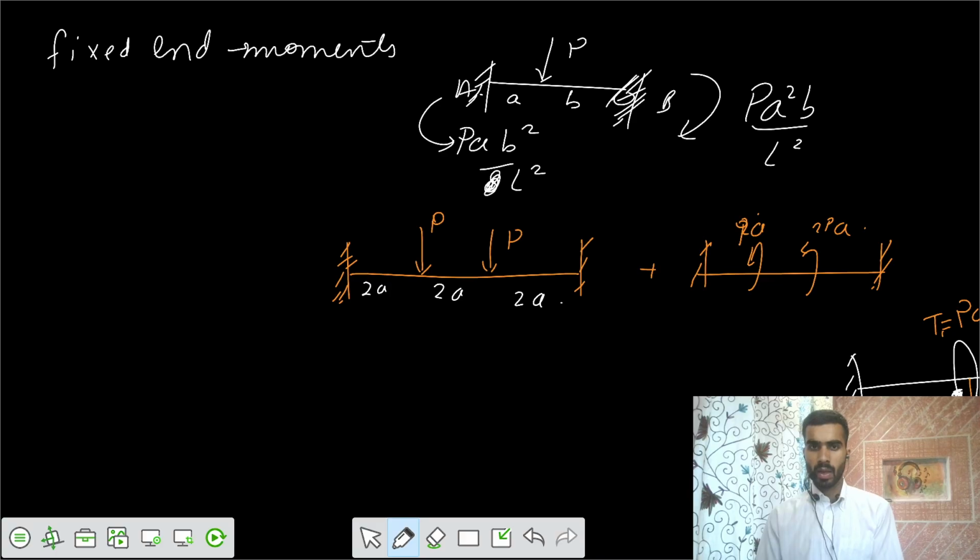We have checked it, I think, in the moment area method.